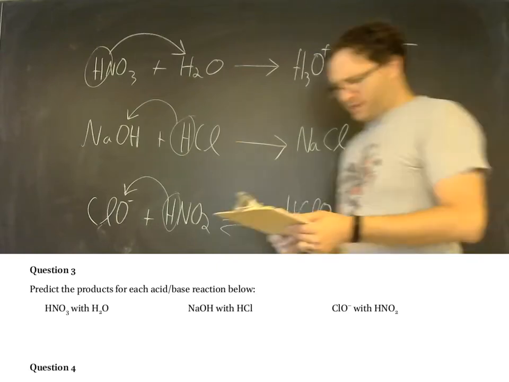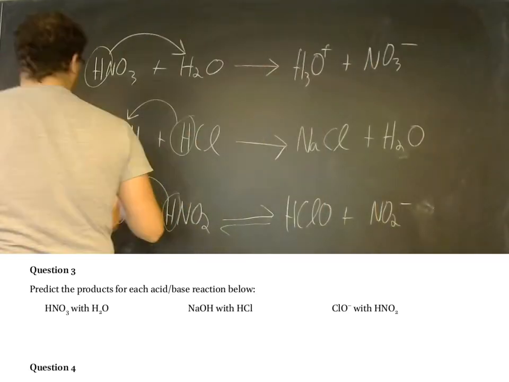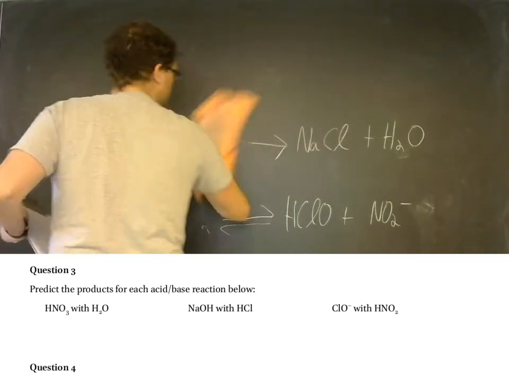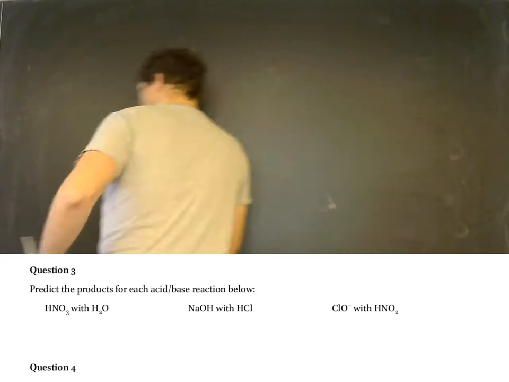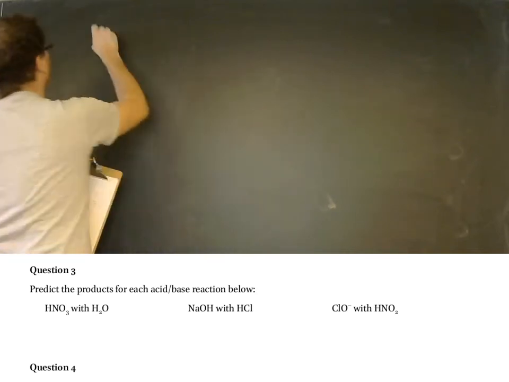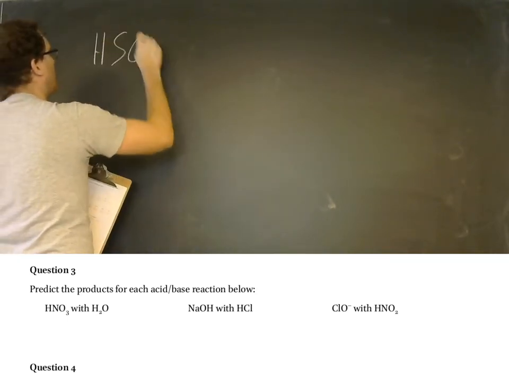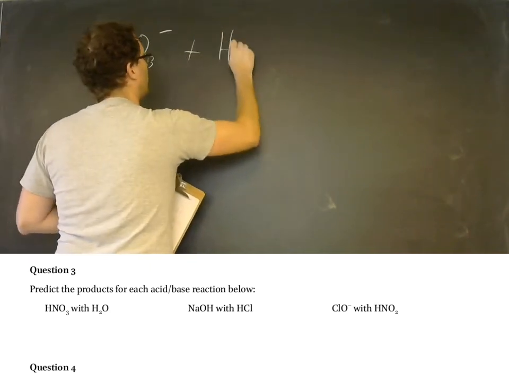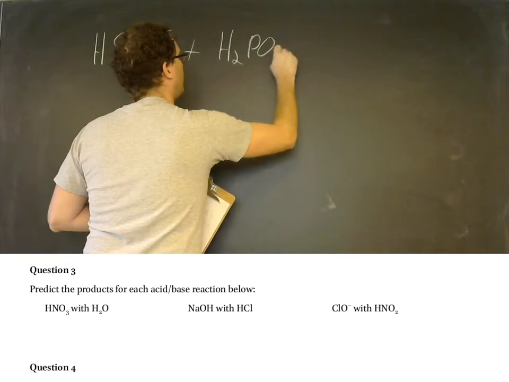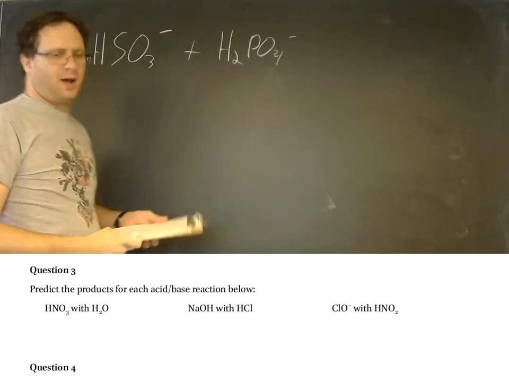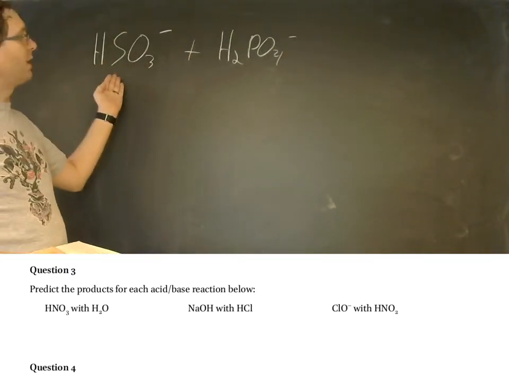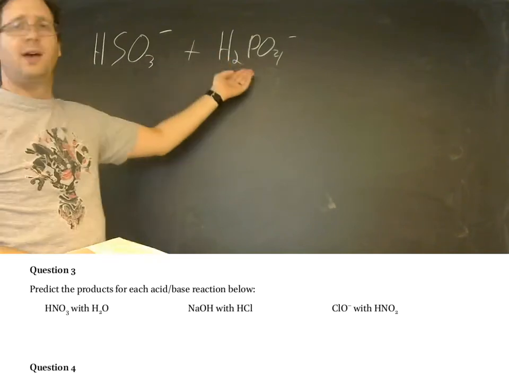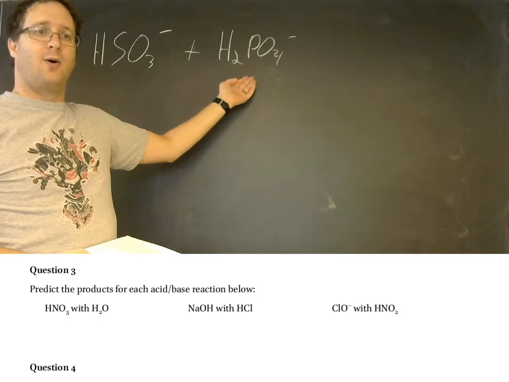Okay, let me actually put up a question that I did not ask. What if I have something like HSO3- plus H2PO4-? Okay. Here we have amphiprotic species. This could act as an acid or act as a base. This could act as an acid or act as a base.